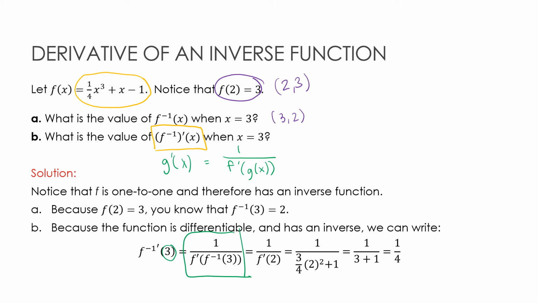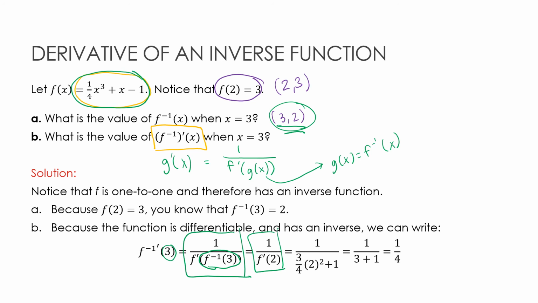So let's take a look at that. I'm trying to find 1 over f prime of g of x, and g of x, again, is the same as the inverse of f at x. And so that's this guy, right? So if I said, what's f inverse of 3, well, I already answered that question. f inverse of 3 is 2 because they told me that at the beginning. So now I'm just finding 1 divided by f prime of 2. Well, taking the derivative of this is a heck of a lot easier than trying to find the inverse.